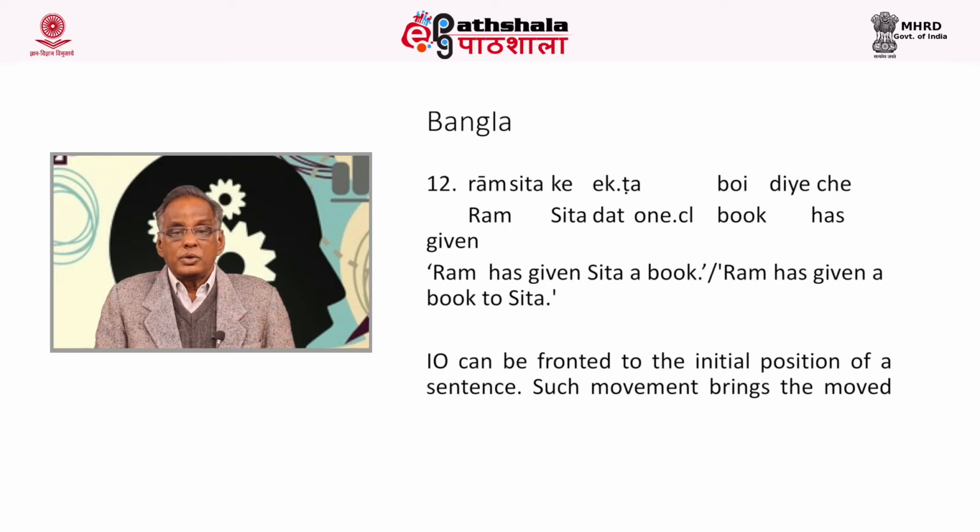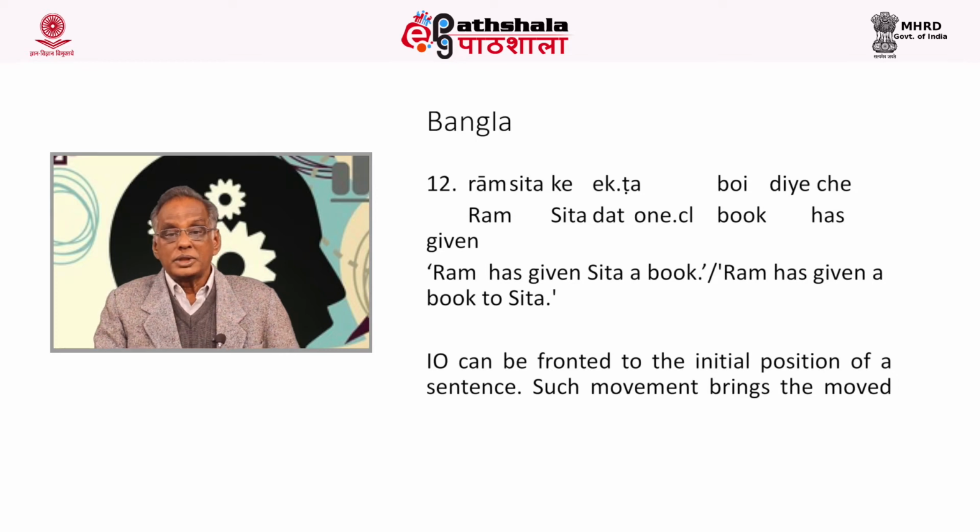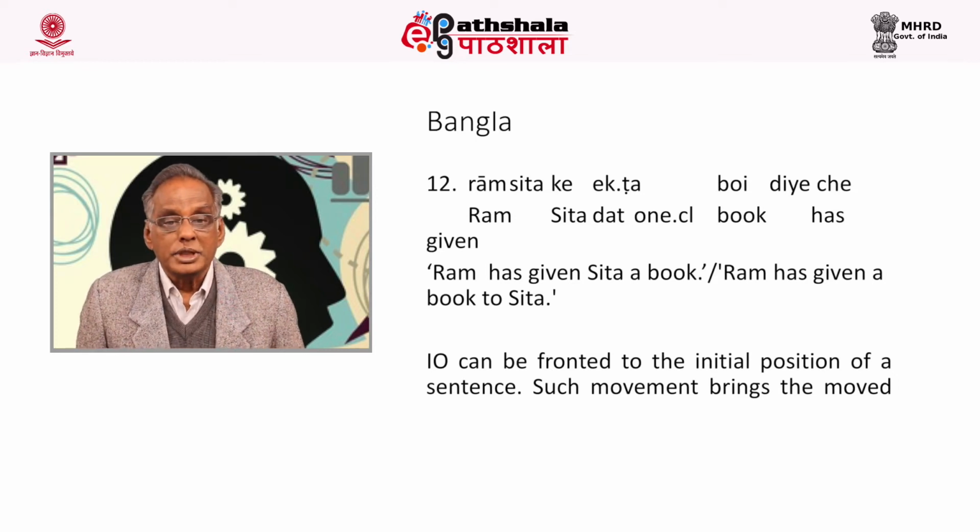Ram to Sita one book gave. Sita is the recipient, hence Sita is the indirect object. So indirect object occurs first, then ekta boi is the direct object, therefore it comes to the right. So thus the order is indirect object preceding the direct object.